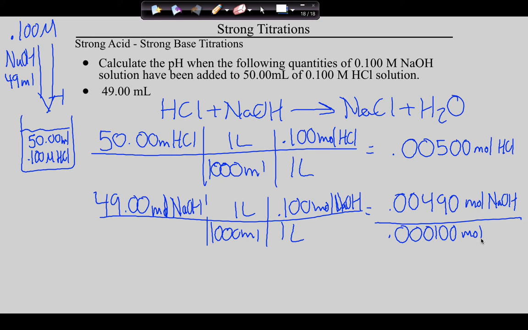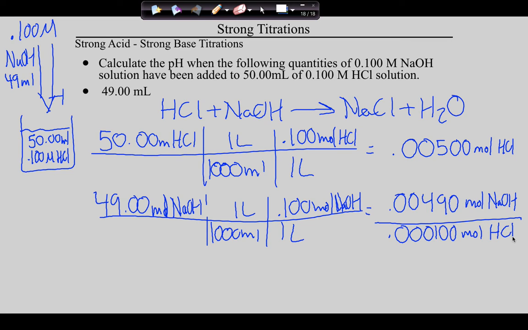Okay, so guys, this then tells us how much HCl has not been consumed. And those moles of HCl, which are really hydrogen ions because it's a strong electrolyte, are the things that are making the pH low. So now what we need to do is figure out the pH.